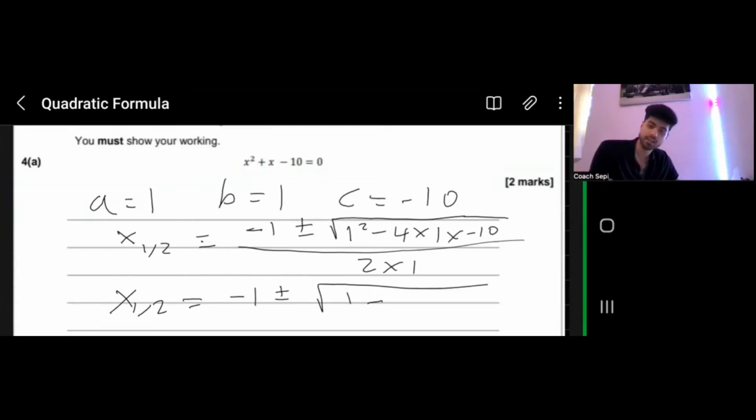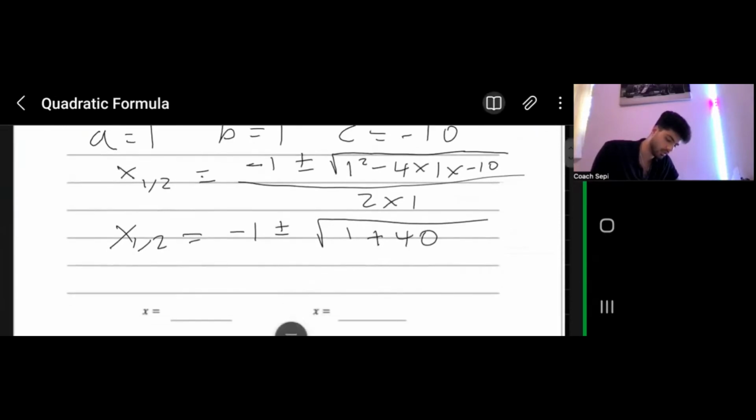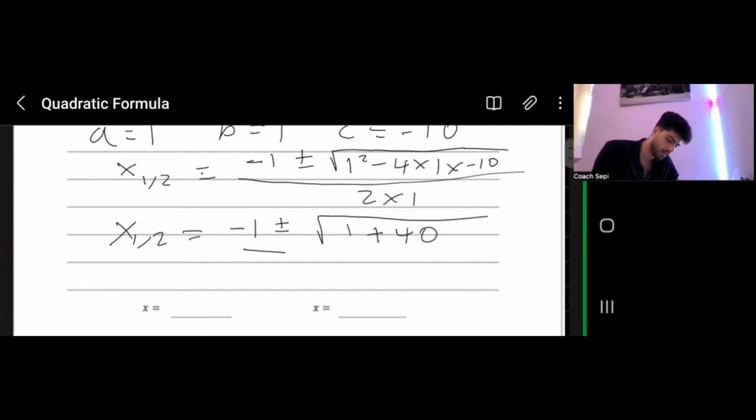But remember, there's a minus here as well. There's a minus there too. So minus 4 times 1 times minus 10 is plus 40. Okay, and we have all of that over 2.